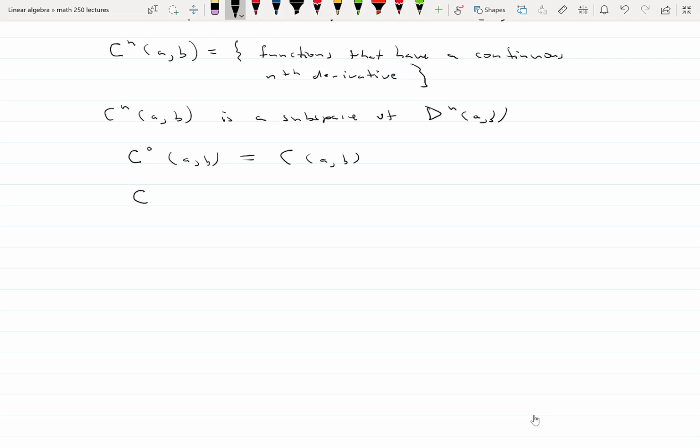So what do you suppose C infinity of AB is? It's the set of all functions that have continuous derivatives of all orders.